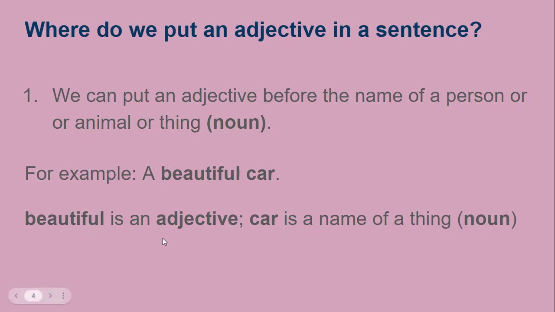Beautiful tells us how the car looks. You can see beautiful, an adjective, is before a noun, which is a car. So beautiful tells us how the car is, how the car looks.